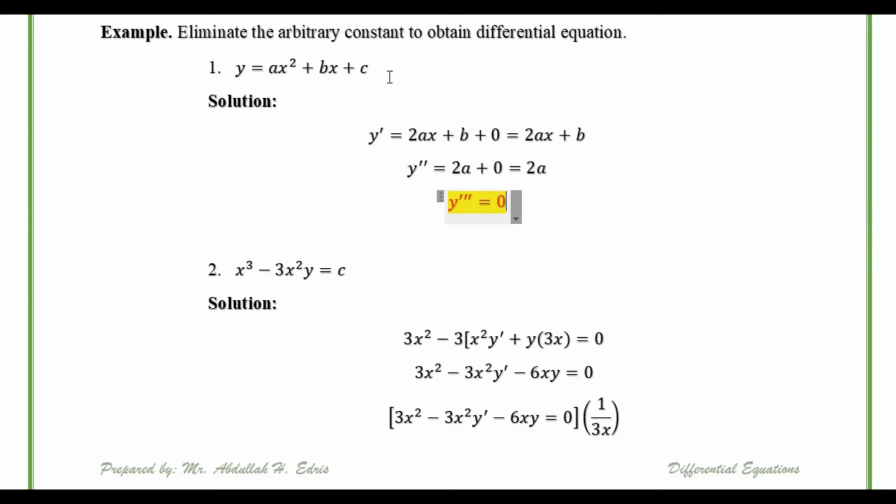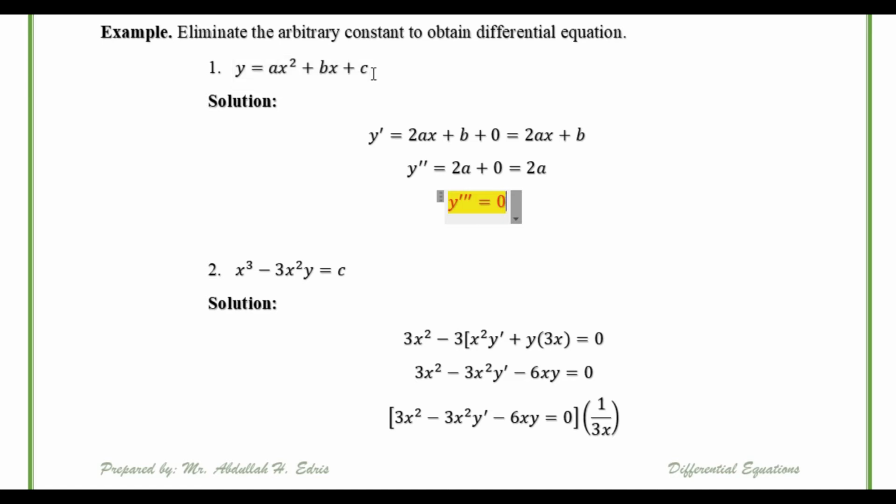Okay, so for number 1, we have this given function y equals ax to the power of 2 plus bx plus c. So we're going to eliminate the arbitrary constants to derive a differential equation. Take note that in this given function, there are three arbitrary constants, which are A, B, and C. During your exam, I might indicate those arbitrary constants that need to be eliminated.